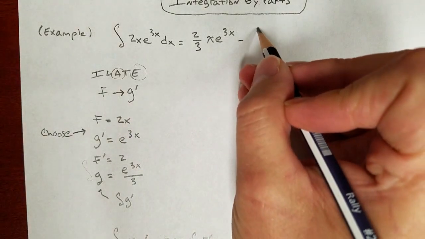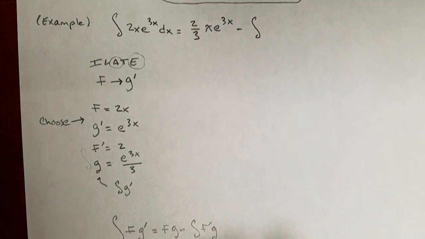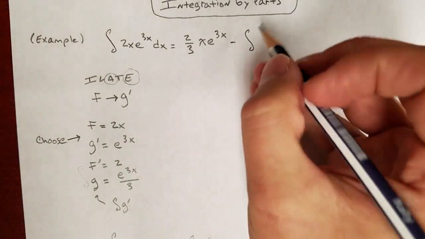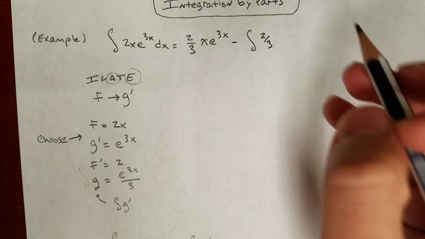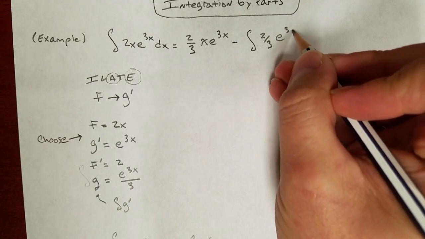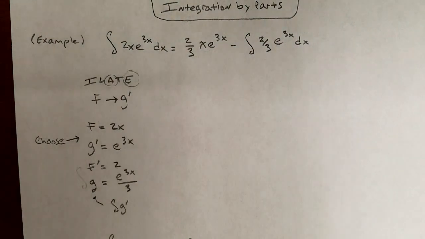Minus the antiderivative of f prime times g. So f prime times g is going to be 2/3 again, e to the 3x. Okay, so that's what you get.